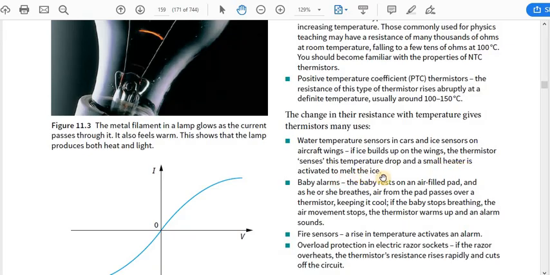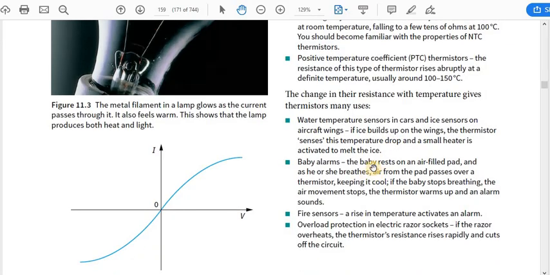In aeroplane wings, this can be used so that it triggers the heater. Baby alarms: the baby rests on an air-filled pad, and as he or she breathes, air from the pad passes over a thermistor, keeping it cool. If the baby stops breathing, the air movement stops, the thermistor warms up and an alarm sounds.